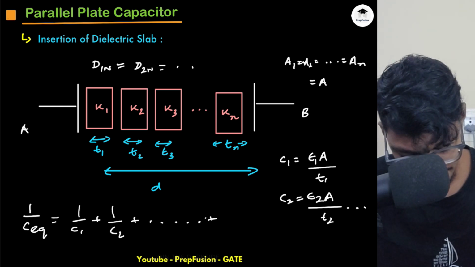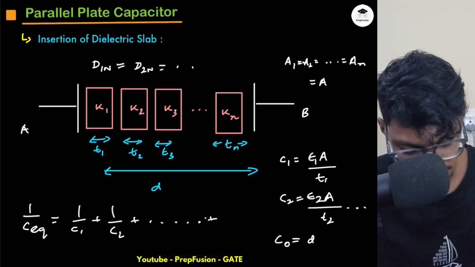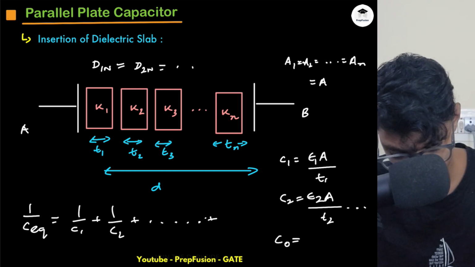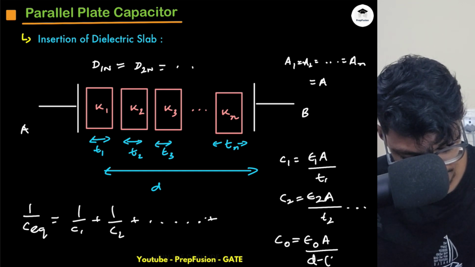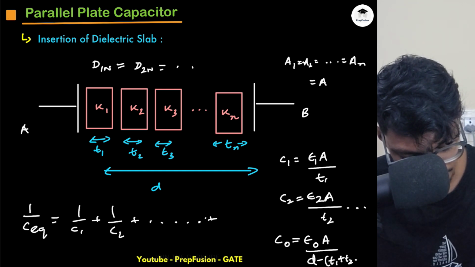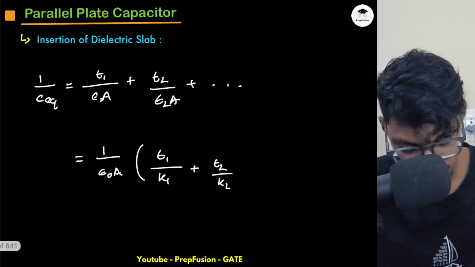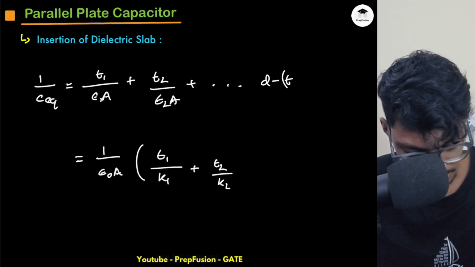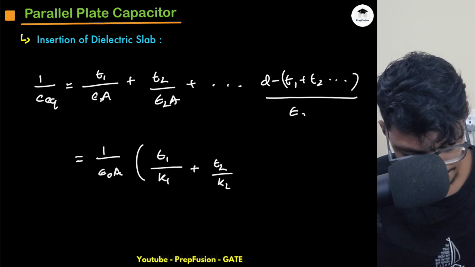I will write here C0. This will be epsilon naught A, and the thickness will be the total distance D minus the sum of all the other thicknesses, correct? So 1 by C naught here will be D minus the sum of all the other thicknesses divided by epsilon naught A.